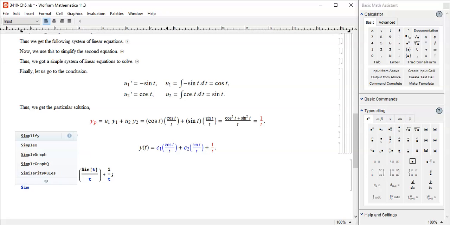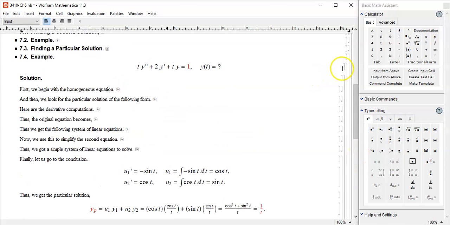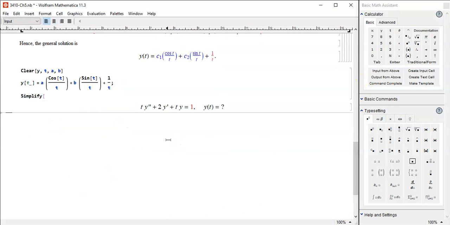And then let's get the differential equation. What was the original differential equation? I don't remember. Let's copy and paste it down here. And then, okay, so it's t times y double prime plus 2y prime plus t times y, and simplify all that. Am I going to get the right hand side, which is equal to 1?